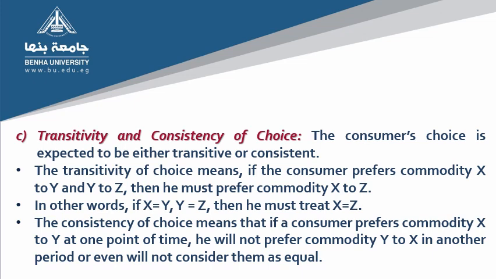The transitivity of choice means if the consumer prefers commodity X to Y and commodity Y to Z, then he must prefer commodity X to Z. In other words, if commodity X equals commodity Y and commodity Y equals commodity Z, then he must treat commodity X equal to commodity Z. The consistency of choice means that if a consumer prefers commodity X to Y at one point of time, he will not prefer commodity Y to X in another period, or even consider them as equal.